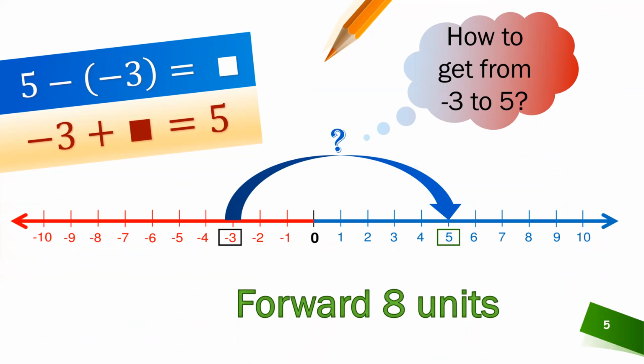Therefore, negative 3 plus 8 is 5. And that tells me that 5 minus a negative 3 is 8. All right, observe that. Pause and reflect if you need to.